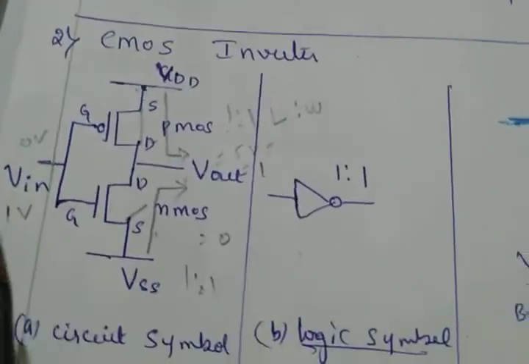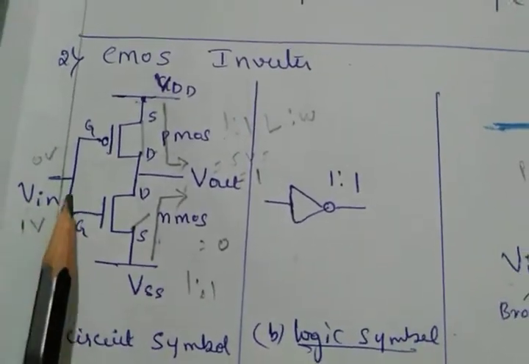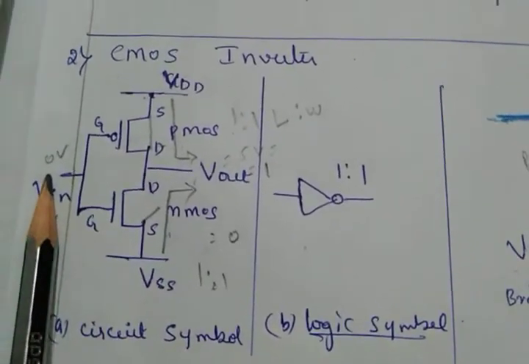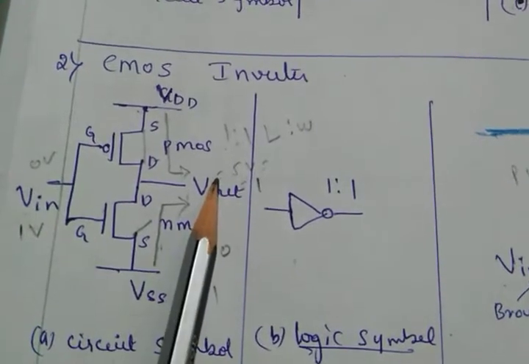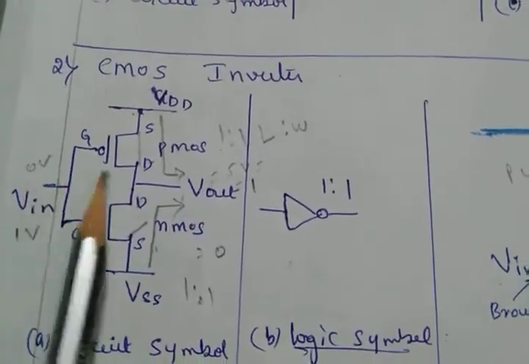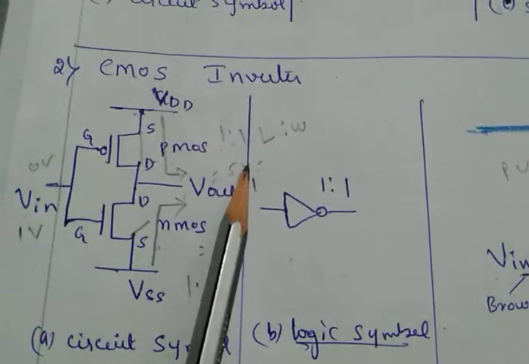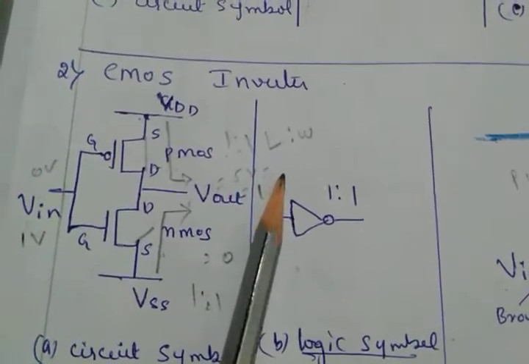So how will it work? Suppose I give 0 volts. What output are you expecting here? If you give 0 volts, I am expecting 5 volts, and 5 volts means logic 1.